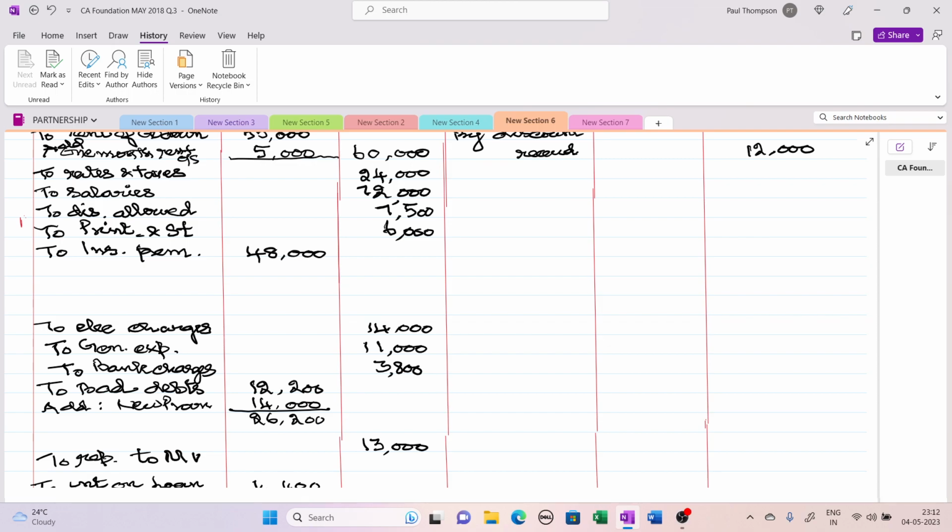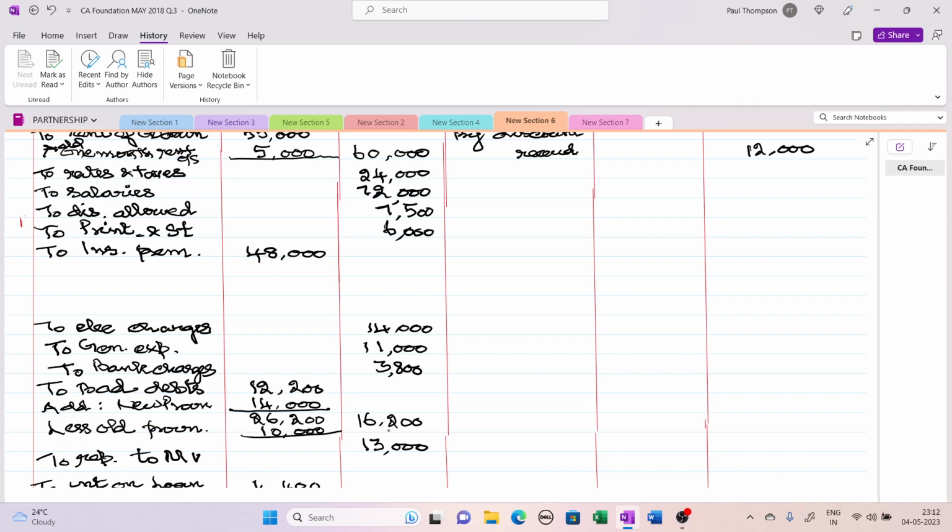We have to subtract that old provision, less old provision 10,000. So in the outer column only 16,200 will appear. So we did it in both the places.